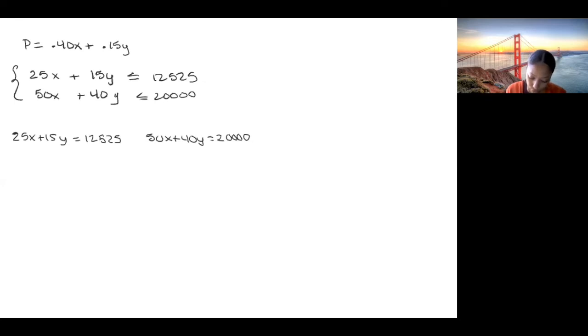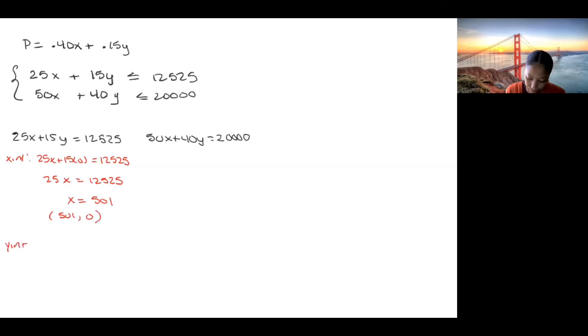So for the first equation here, we get 25x plus 15 times 0 equals 12,525 for the x-intercept. So 25x equals 12,525. Let's divide. 12,525 divided by 25. X is 501. So our x-intercept is 501, 0.